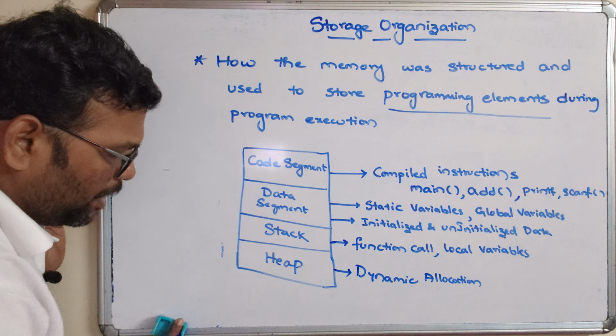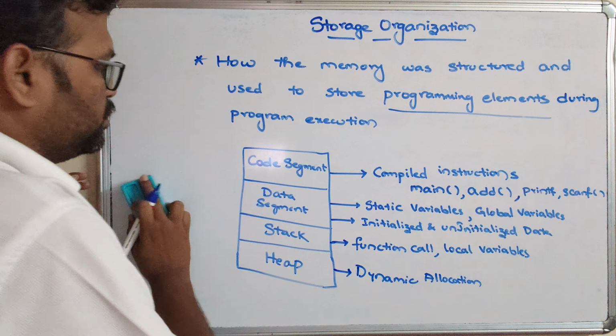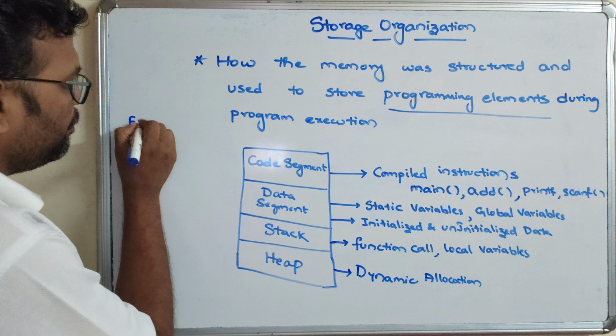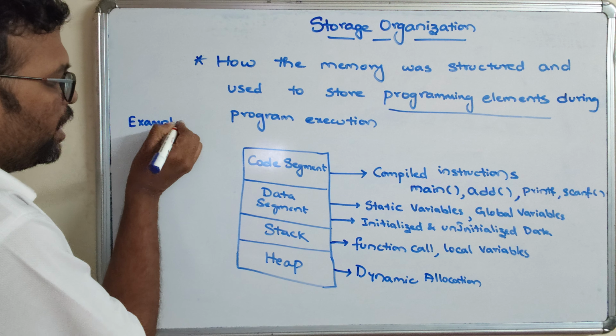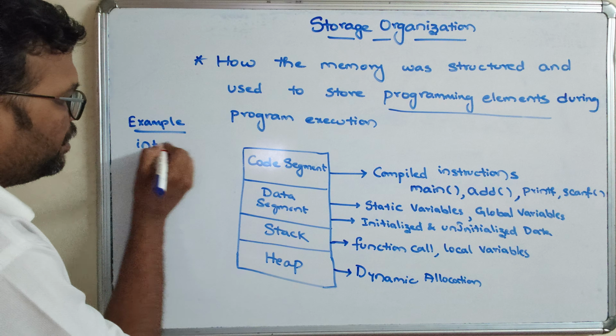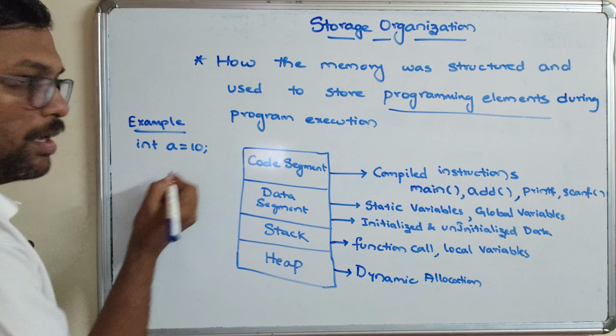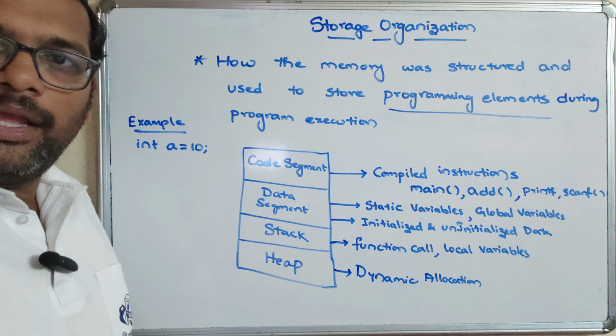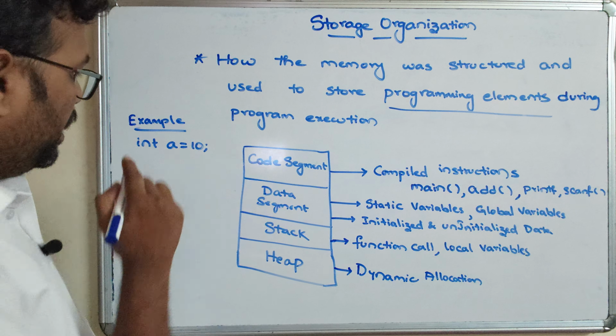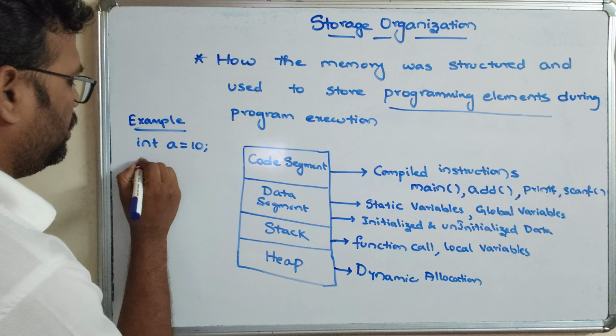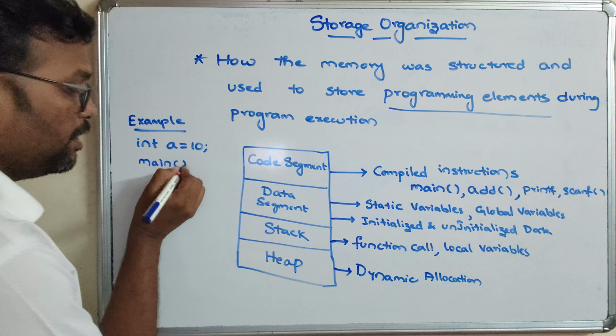I'll give you one example, and I'll close it. I'll write the example here itself so that you can understand. I'll write int a is equal to 10, and a main function here.